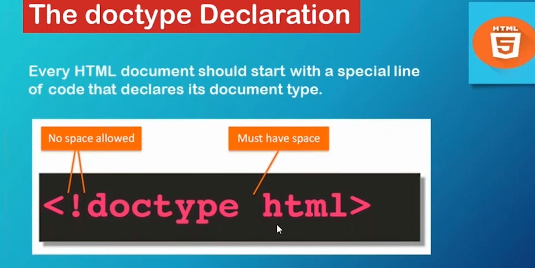So what is the use of this line? Previously we discussed that HTML has several versions. It started in 1991, and many versions are available. From HTML1 onwards, now we are working on HTML5. The browser understands which version we are using. If you write this single line, it represents that we are using HTML5 code.